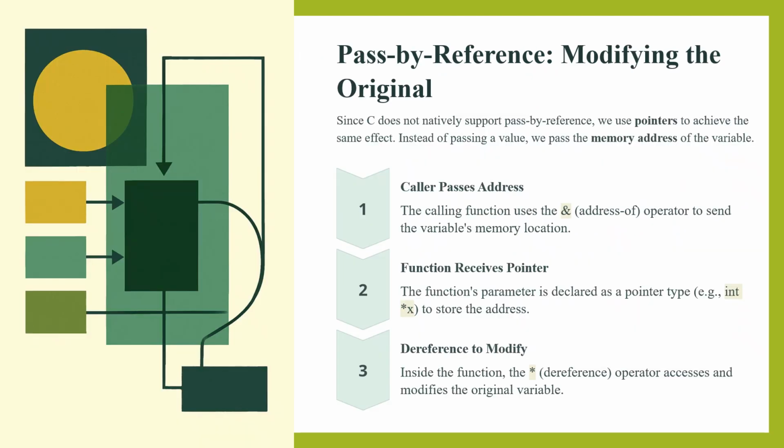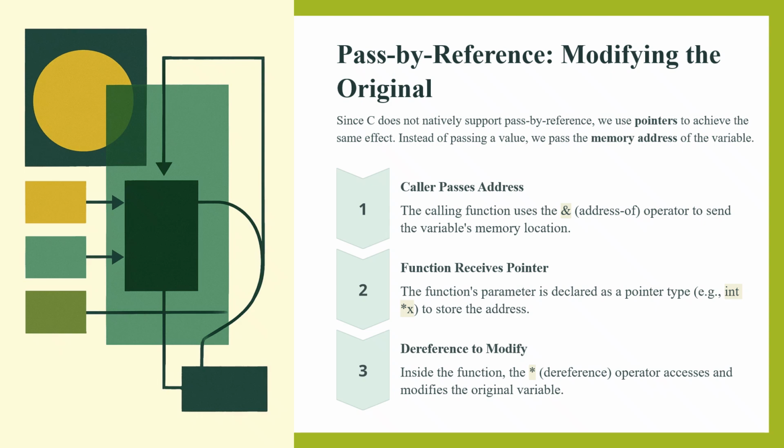Next one, pass by reference, modifying the original. Pass by reference allows functions to directly modify original variables. Since C doesn't support it natively, we use pointers. Here we have key operators: the address-of operator, and the dereference operator.